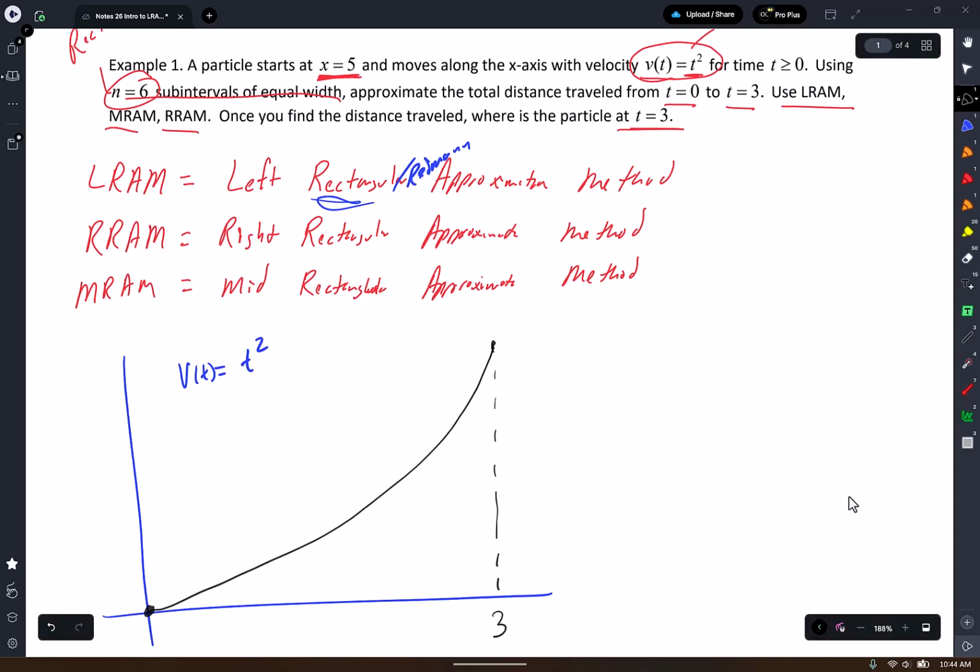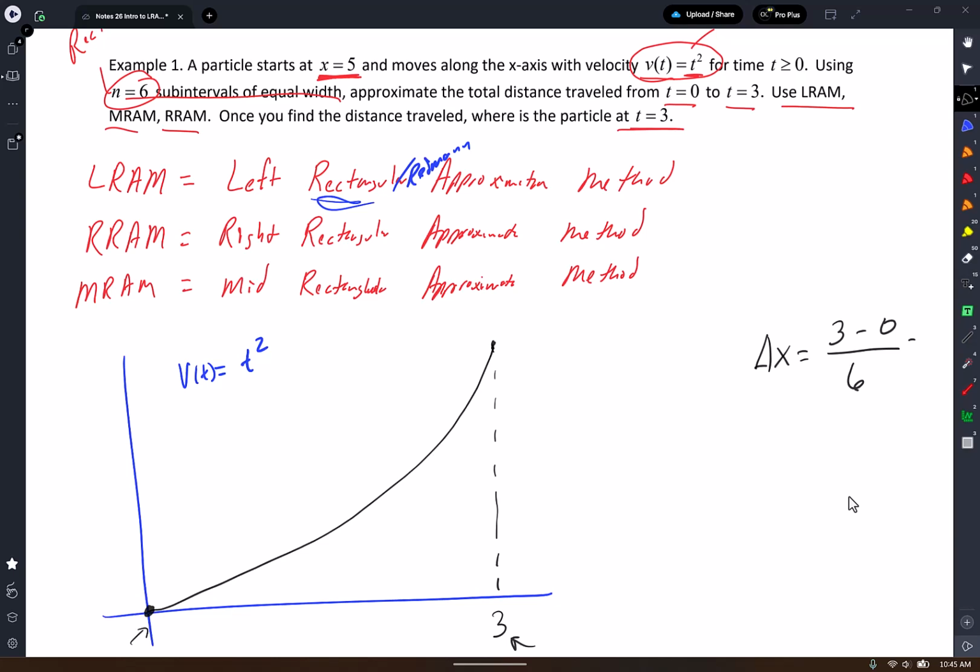How many rectangles do they want me to use? So here's how you're going to find your delta x for each rectangle. Delta x is going to be your upper minus your lower divided by the number of rectangles. Where does that 3 come from? It's the upper x coordinate minus your lower x coordinate. So 3 divided by 6, each rectangle has a width of 1/2.